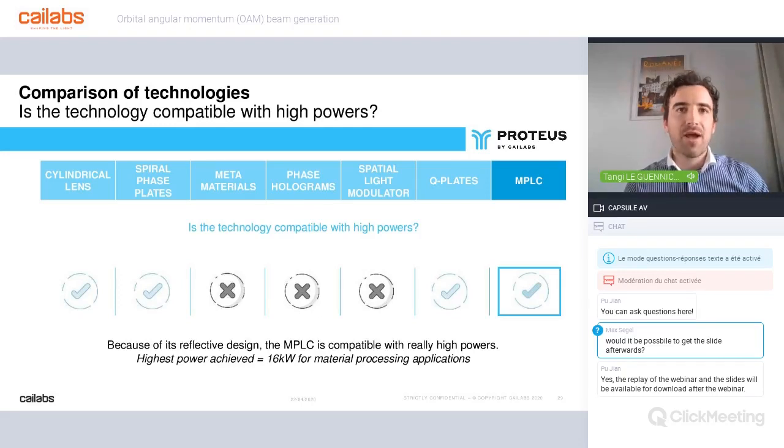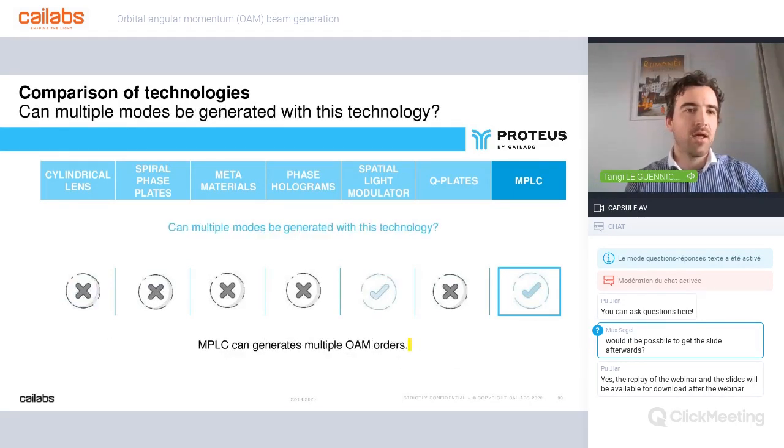The highest power achieved in our component today was 16 kilowatts for material processing applications. Can multiple modes be generated with this technology? MPLC can generate multiple OAM orders with only one component.